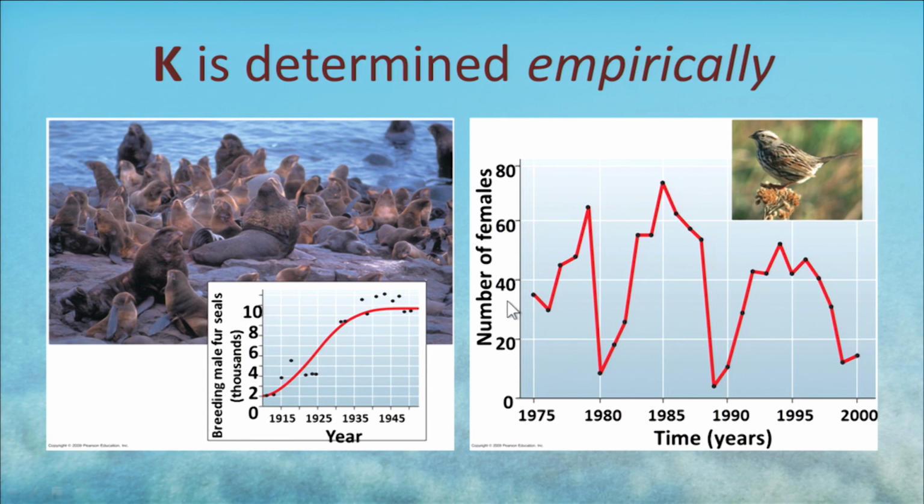Instead, where we see a sustainable number is probably somewhere in the 40 to 50 range, because anytime you go really above that, you're going to see a big drop off.